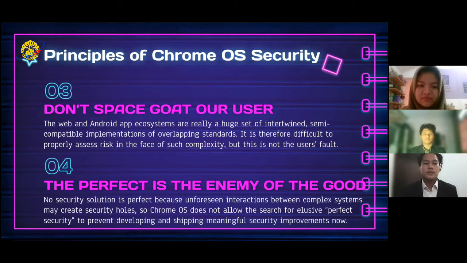The fourth is the perfect is the enemy of the good. No security solution is perfect because unforeseen interaction between complex systems may create security holes. So Chrome OS does not allow the search for elusive perfect security to prevent developing and shipping meaningful security improvements now.